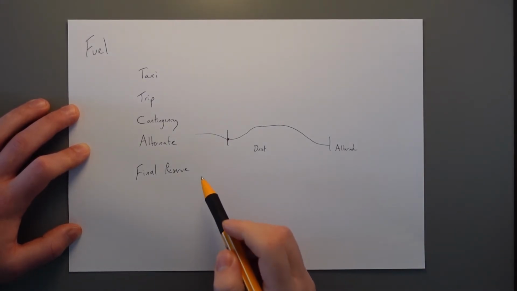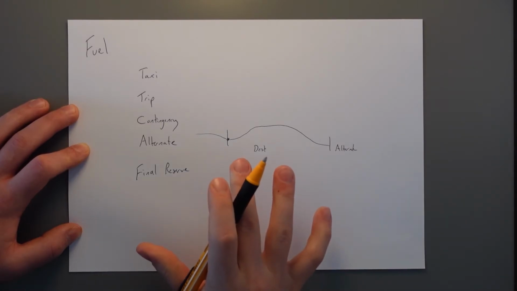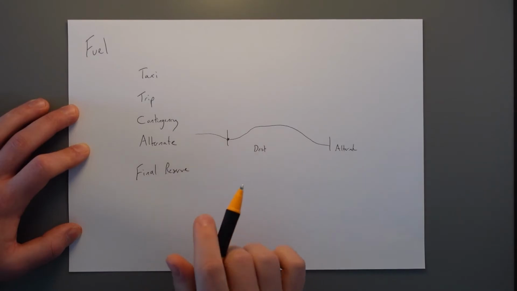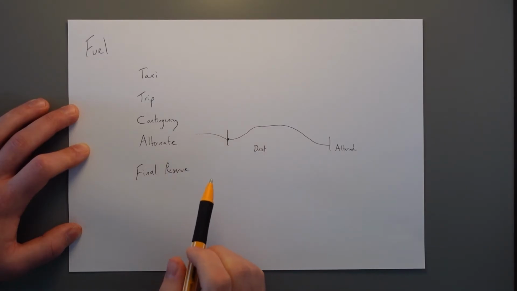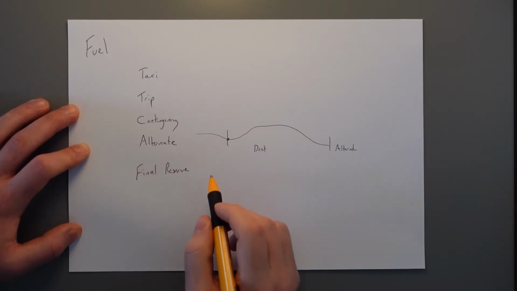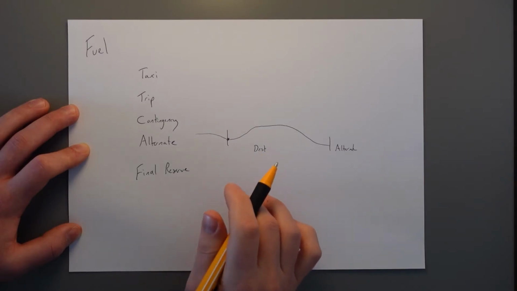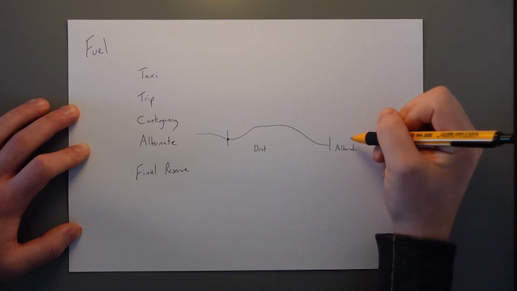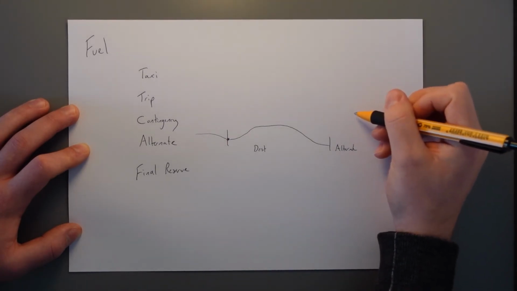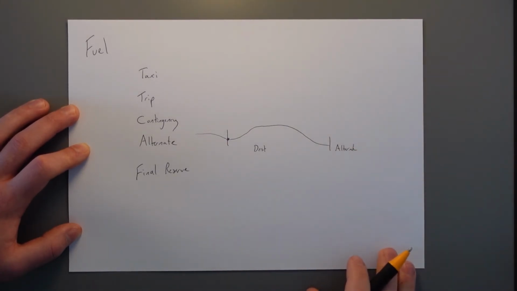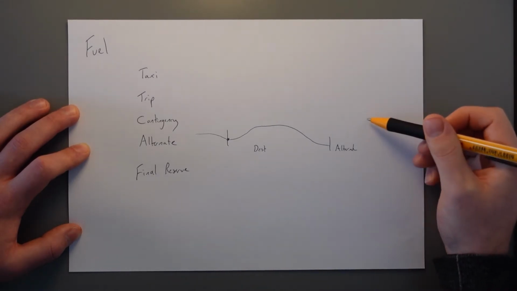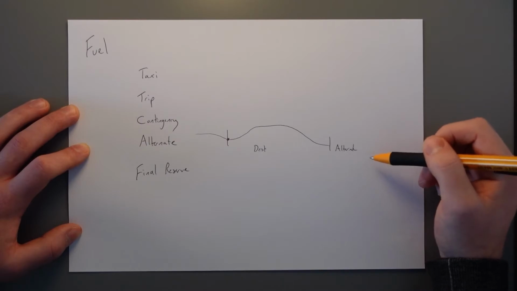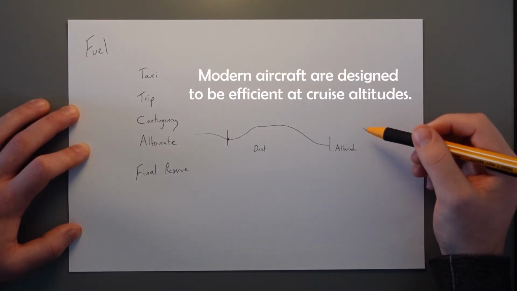The value of final reserve depends if you are in a jet aircraft or a piston powered aircraft. For jet aircraft, it's equal to 30 minutes worth of fuel, and you're holding above the alternate airport at 1,500 feet. The reason for this specification is aircraft burn more fuel the lower down they are, because they're working harder.